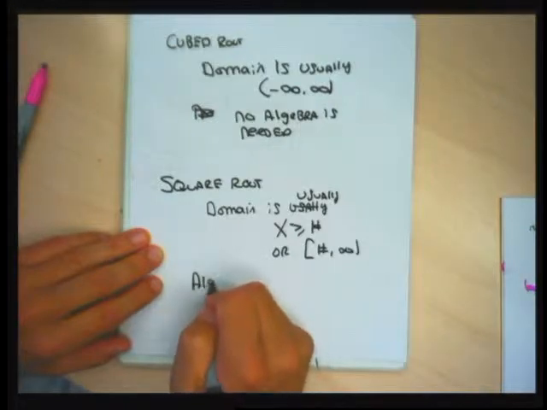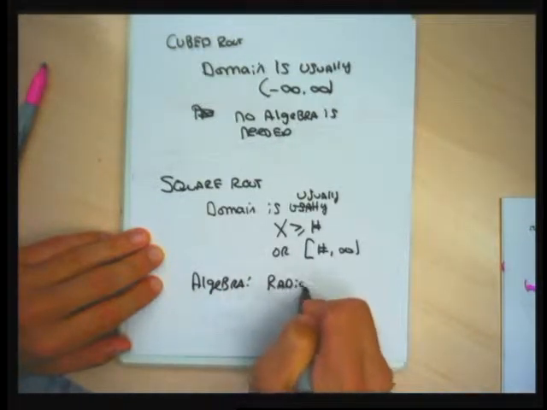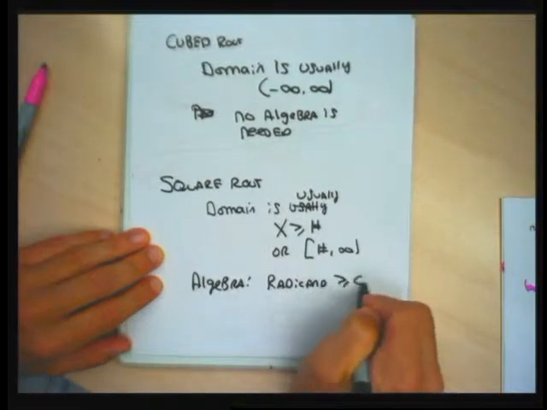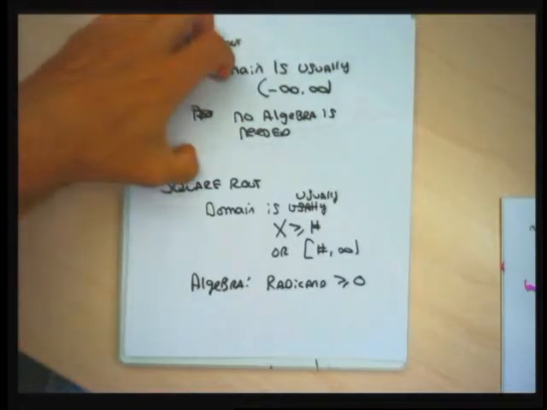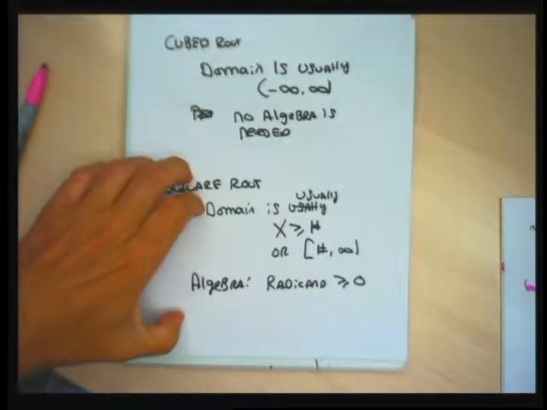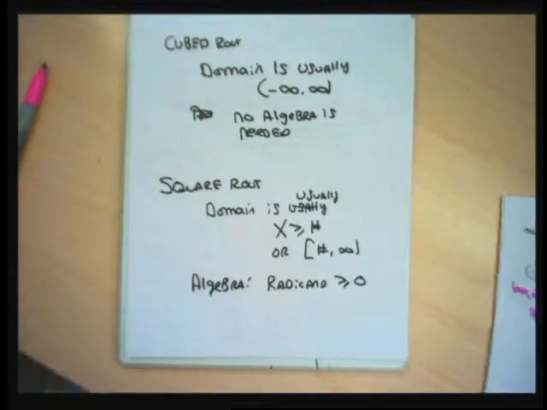The algebra that's needed is to find what's under the radical, find out where it's greater than or equal to 0. So the reasons problems 43, 44, 45, and 46 exist are just to help you differentiate between cube roots and square roots and understand why the domains of cube roots don't have any restrictions, but the domains of square roots do have restrictions.